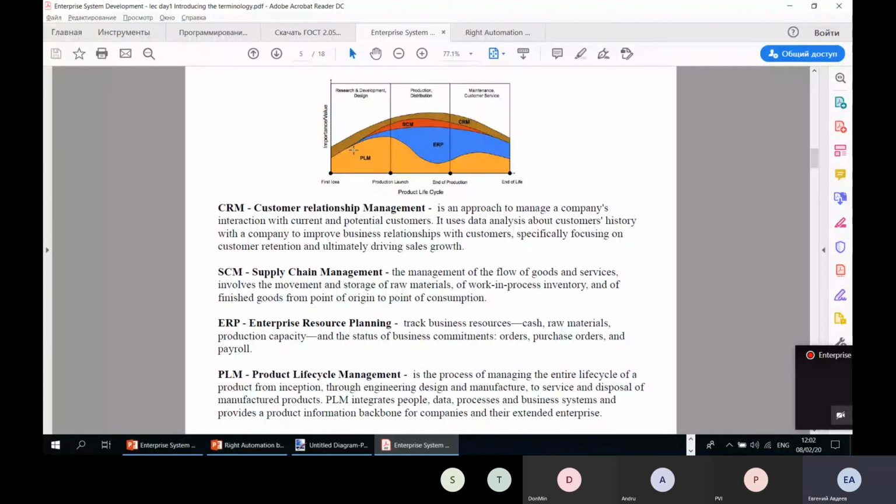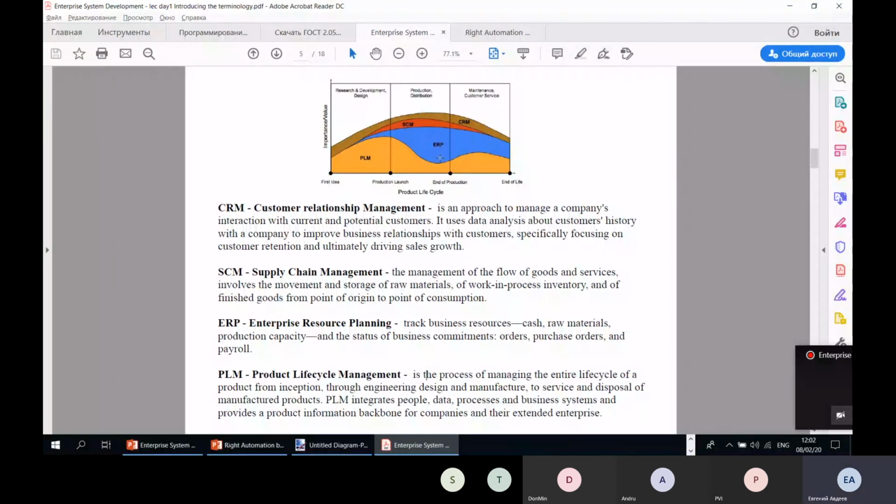For example, we can have an ADNS system, which is primarily an ERP system, but it can be used for some CRM and SCM and some kinds of PLM, but very little.